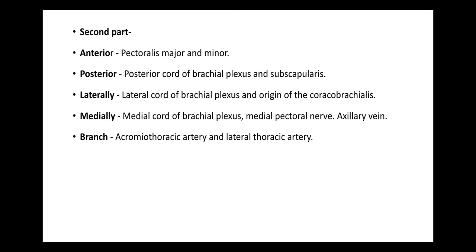Medially, medial cord of brachial plexus, medial pectoral nerve, axillary nerve. Branches: acromiothoracic artery and lateral thoracic artery. So the first part has one branch and the second part has two branches, the acromiothoracic artery and lateral thoracic artery.